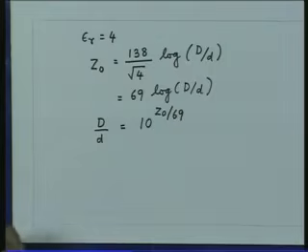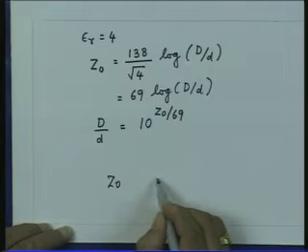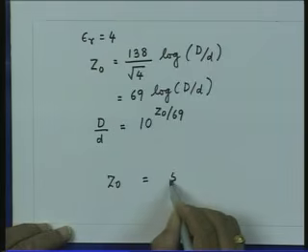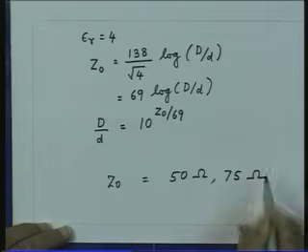We will not be able to realize the structure because the outer conductor size will become very large compared to the inner conductor. So the coaxial structure intrinsically is more suited for realizing low characteristic impedances, of the order of 50 ohms, 75 ohms and so on.